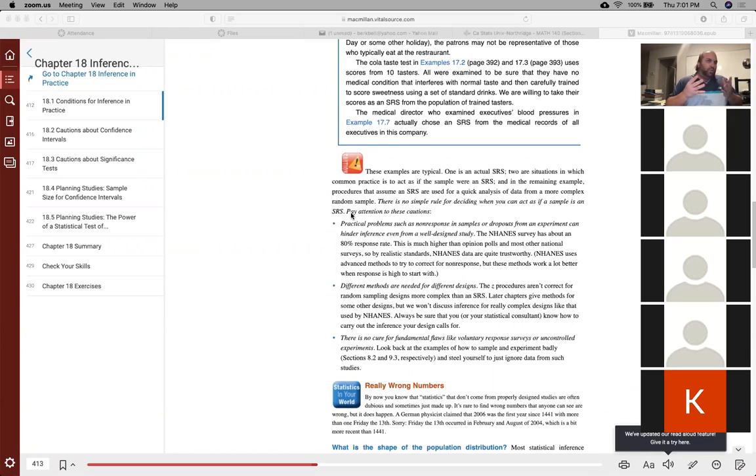If I'm interested in people's voting opinions in Los Angeles, so I call 100 random numbers in Los Angeles. Is that a simple random sample of all voters in Los Angeles? No, right? It's not true that any 100 voters in LA are likely to be picked.